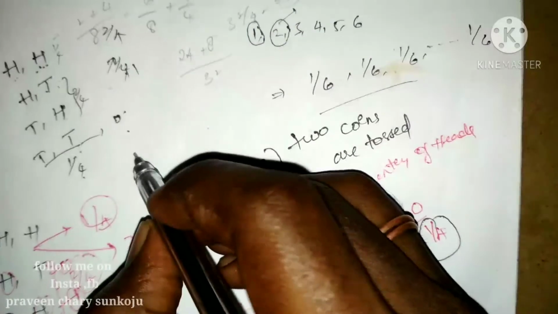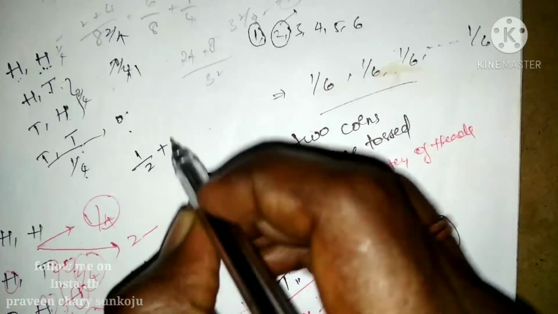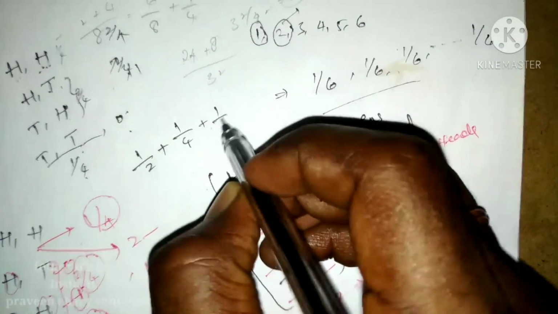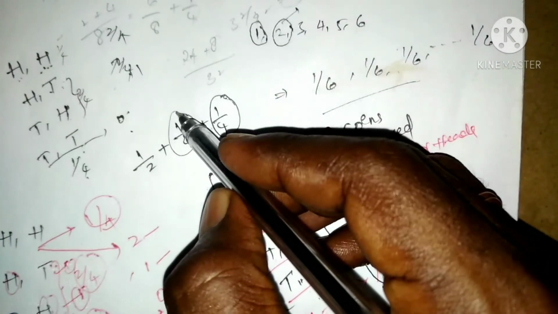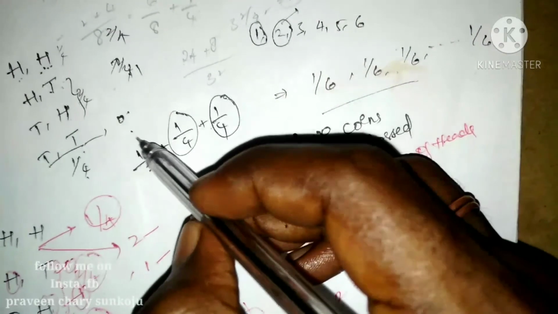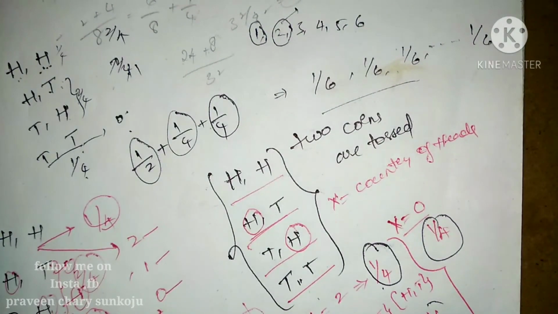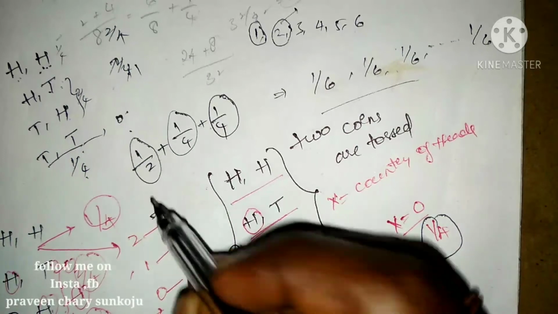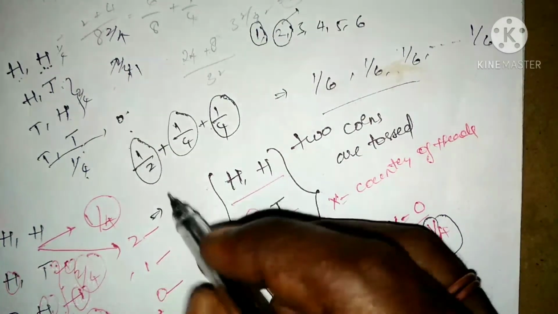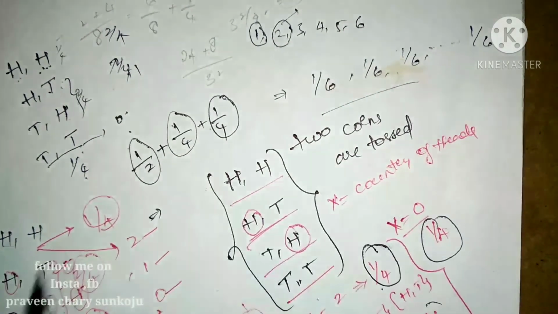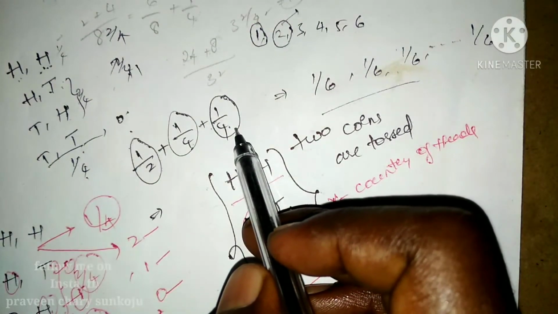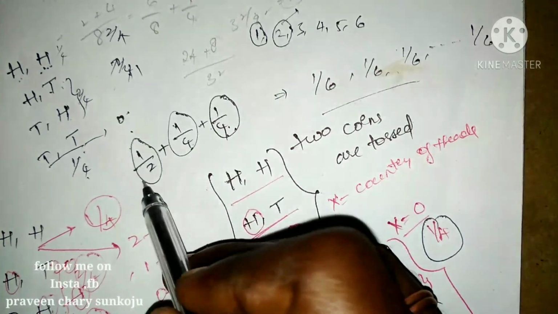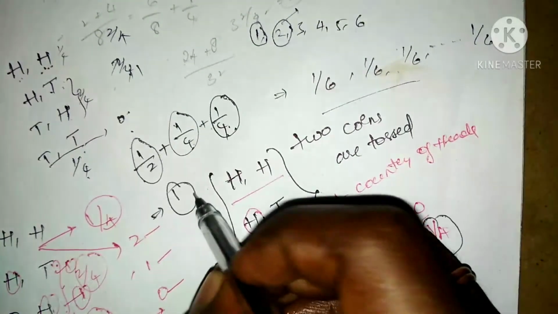Here we are having 1 by 2 plus 1 by 4 plus 1 by 4. This is our HH, this is our TT, that is tails comma tails, and this is our heads comma tails and tails comma heads. Adding all these, 1 by 4 plus 1 by 4 is going to be 1 by 2, and 1 by 2 plus 1 by 2 is going to be 1.